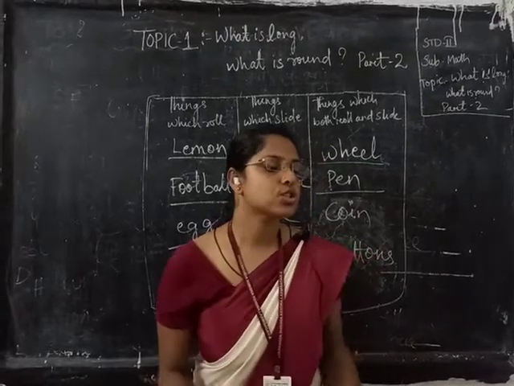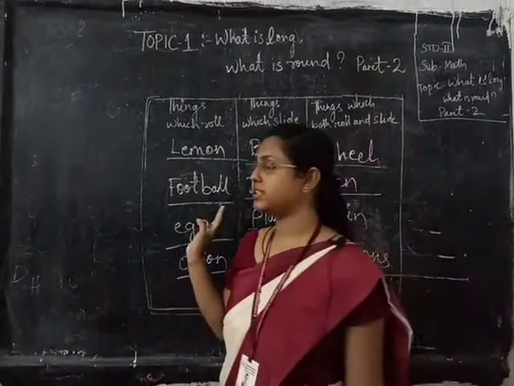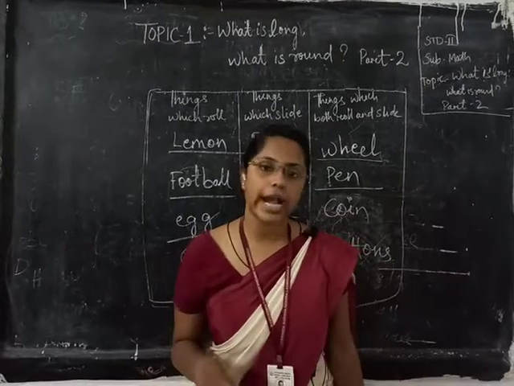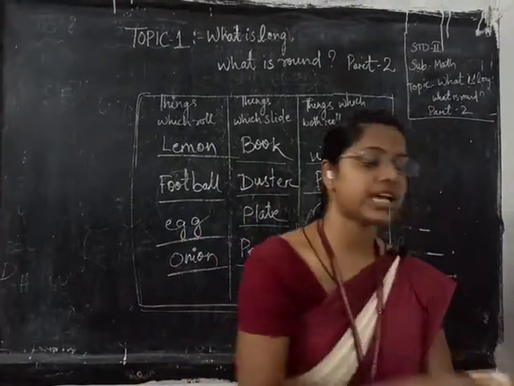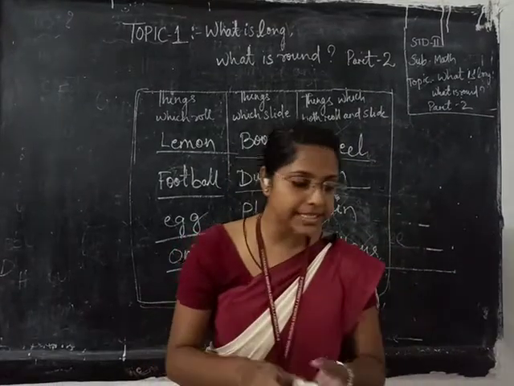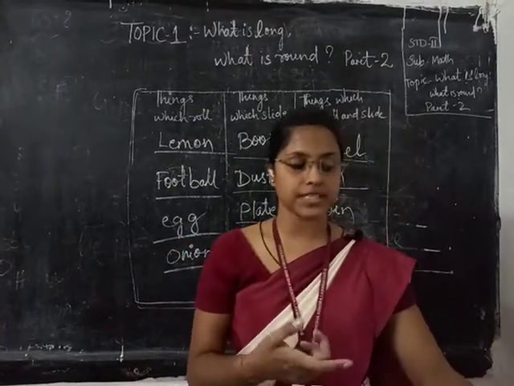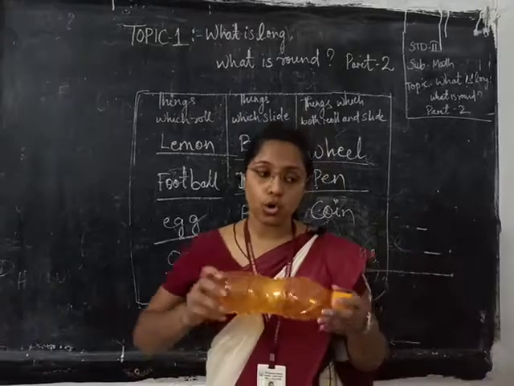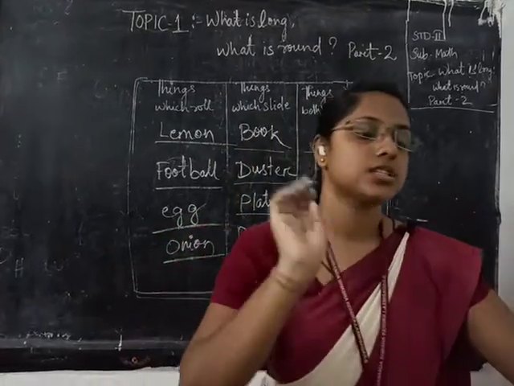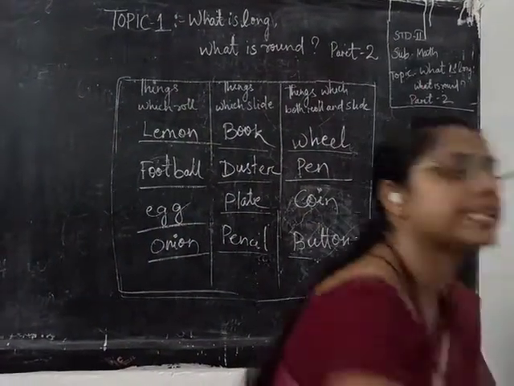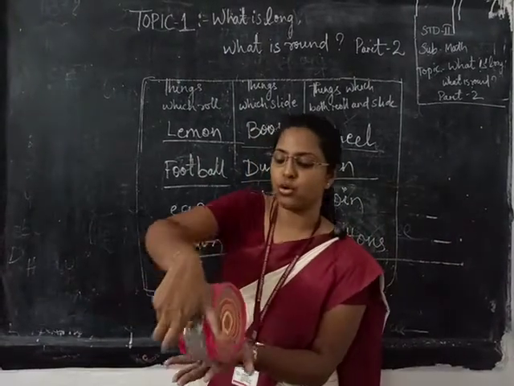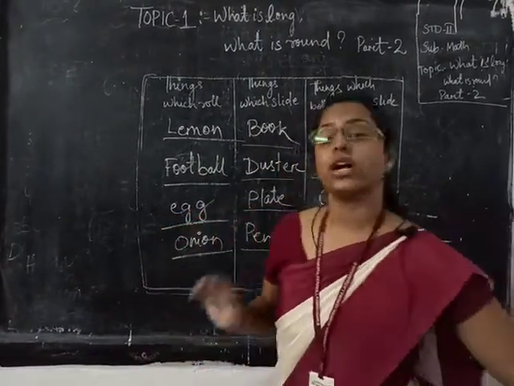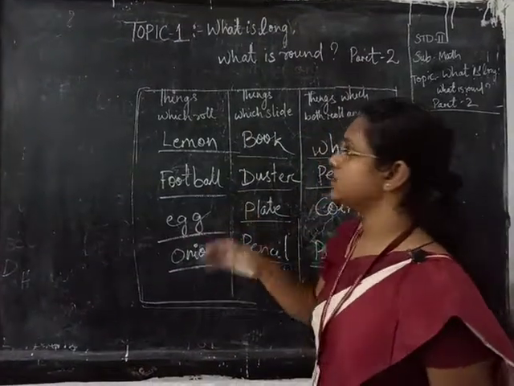Is it clear? So today we have completed this topic, what is long and what is round. We have learned that the things which have a flat surface can slide, and the things which have a curved surface roll down, and some things are also there, for example, this drum, this can slide also and this can roll also.